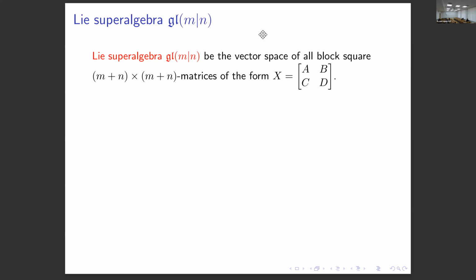So the Lie superalgebra GL(m|n) is the vector space of all block matrices of size m plus n times m plus n, which I write as A, B, C, D. A is an m times m matrix, D is an n times n matrix, B is m times n, and C is n times m.